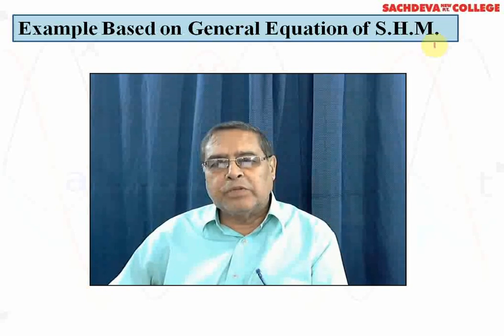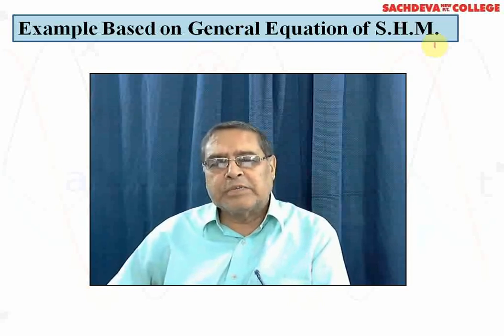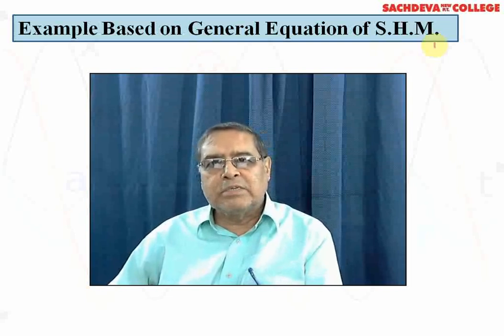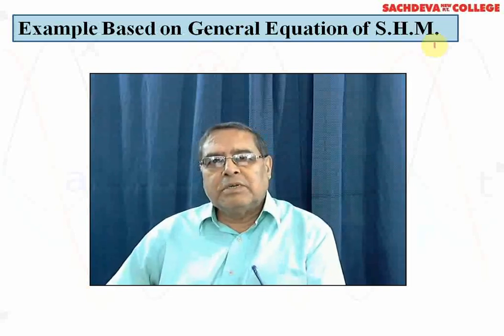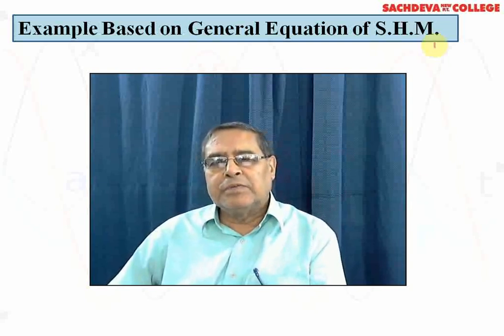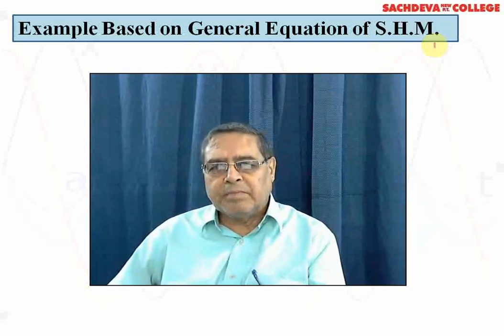Omega t in both equations is the phase angle and A is the displacement amplitude. We can continue the various calculations with the general equation in the form of A sine omega t or A cos omega t.